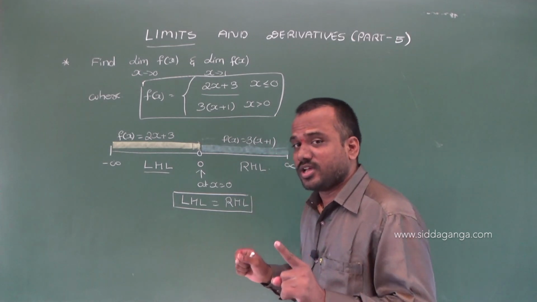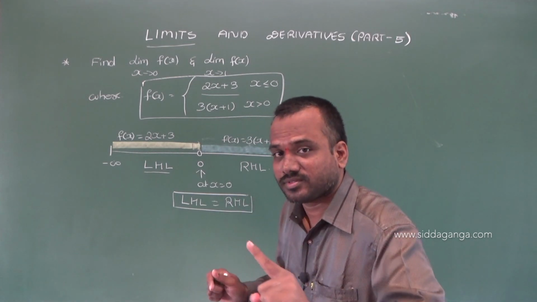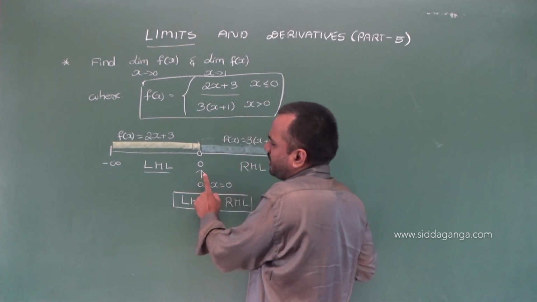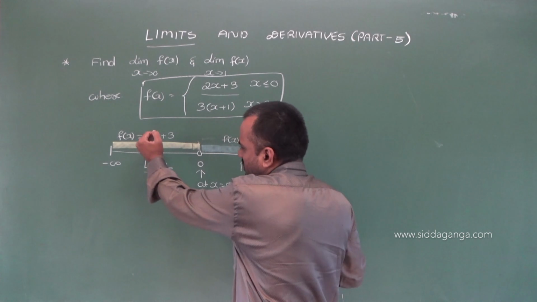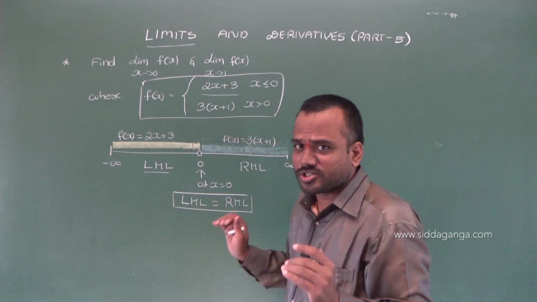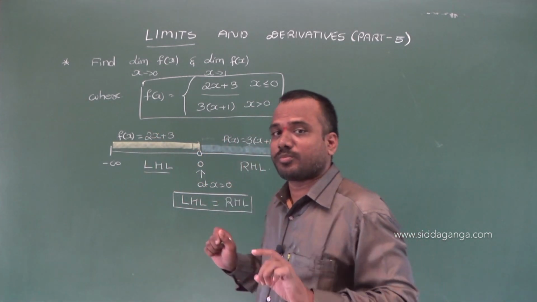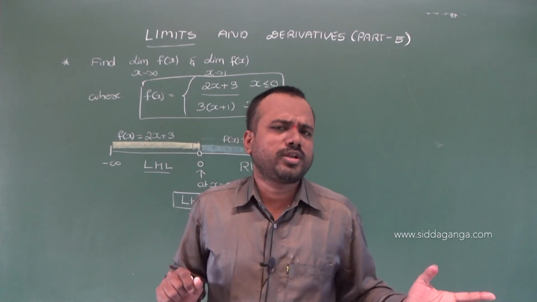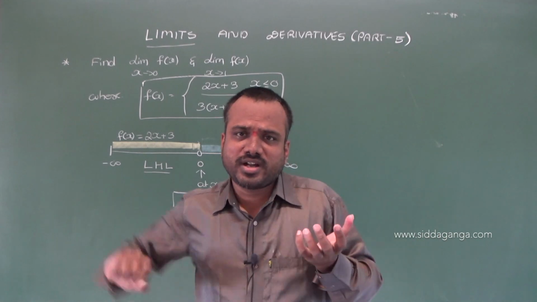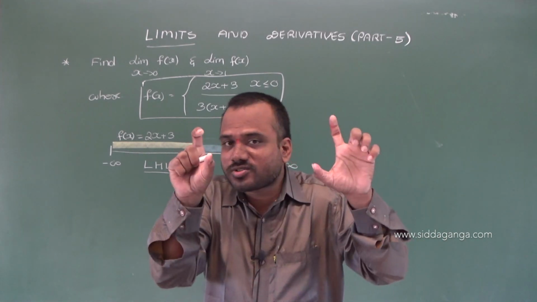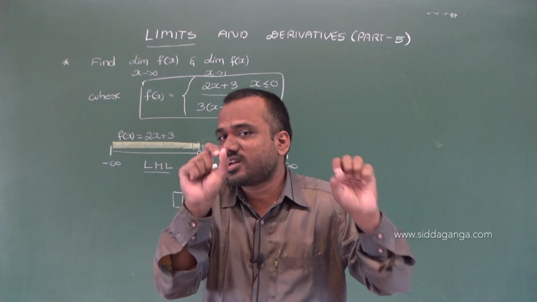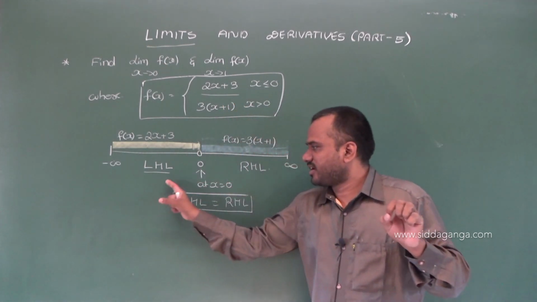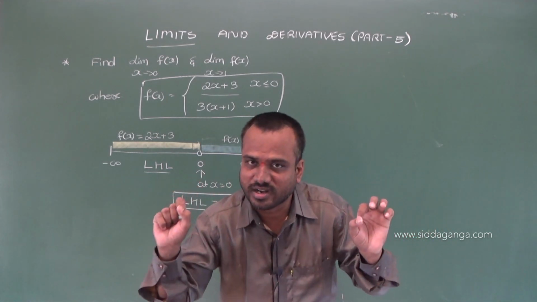Once again I say that when we find the left hand limit and right hand limit, for the given domain, for left approaching and right approaching, the functions are different. What is my point? For the given domain, it may be 0, 1, 2, 3, whatever it may be, if the left side and right side functions are different, in that case we find the left hand limit as well as the right hand limit.